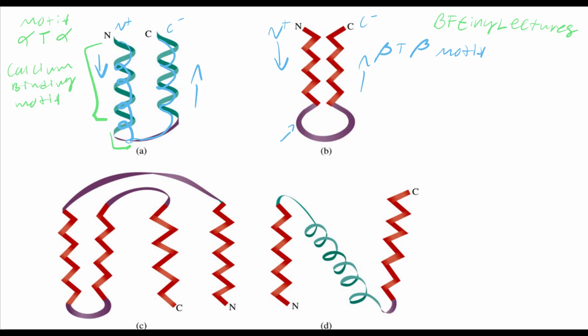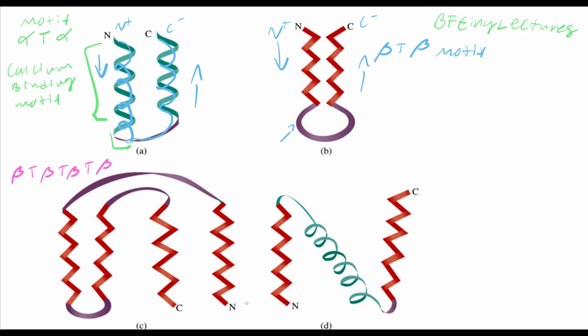Over here it's a bit more complicated, but we can do it. So we have a beta sheet. Okay, so we have beta, turn, and then beta, turn, beta, turn. So let's see, 1, 2, 3, and then we have 1, 2, 3 turns, and another beta.